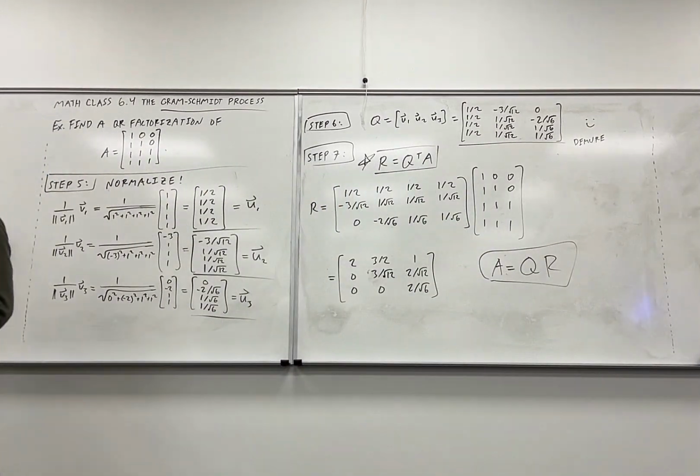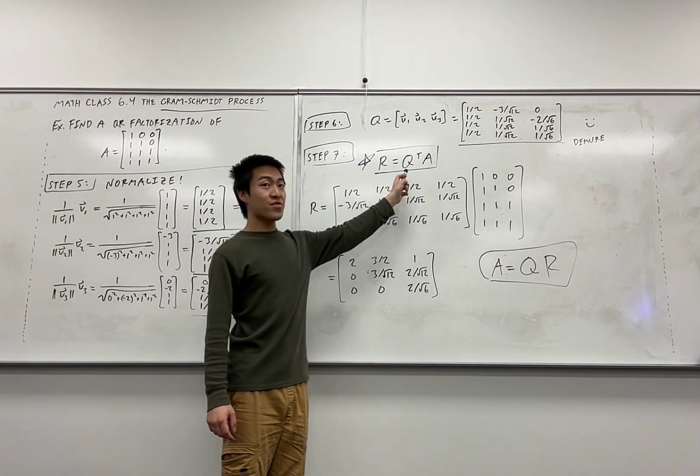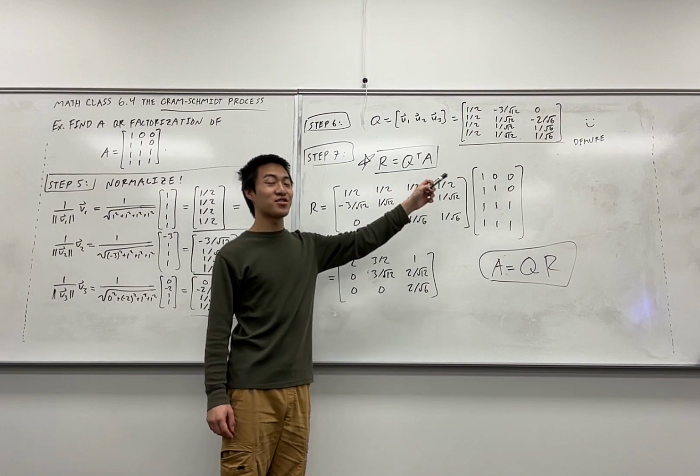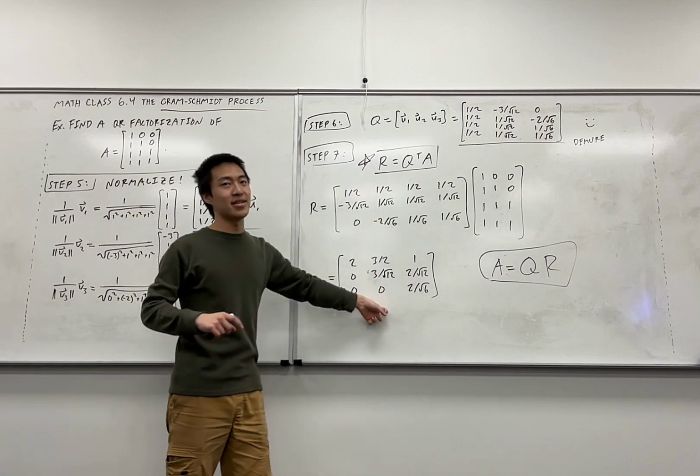Scott, yes. Since the columns or the rows of R came from an orthogonal unit basis, or orthonormal basis, does it automatically become upper triangular, or would there be a case where we're going to have to row reduce it once we get the R multiplication done? You're asking a very good question. Putting R equals Q transpose A here is actually the summary of this clever little algebra and observations you make that will always guarantee that this does work out.